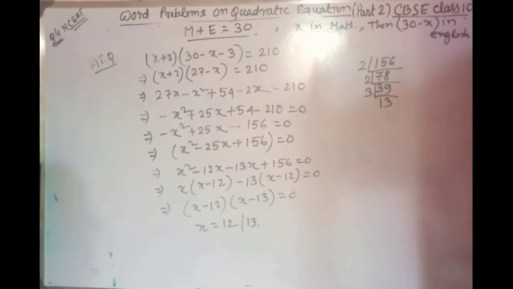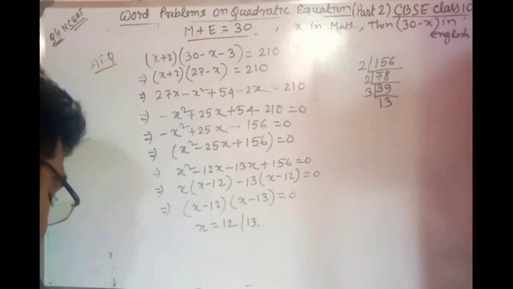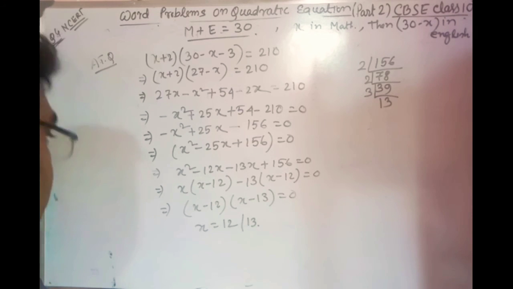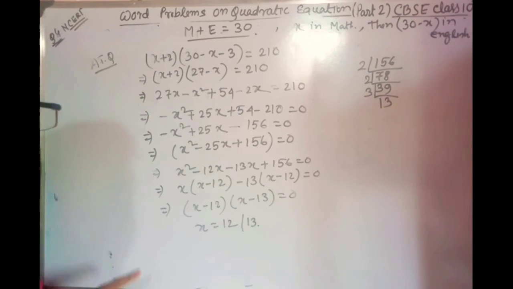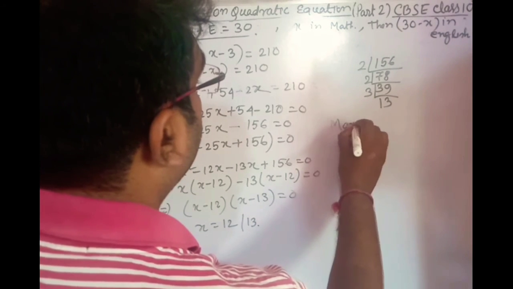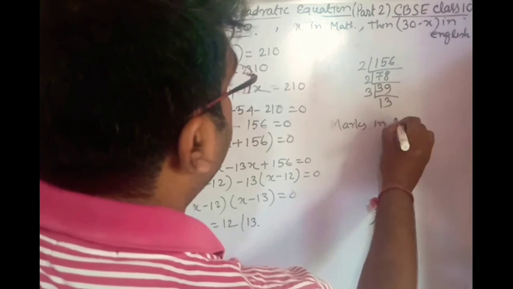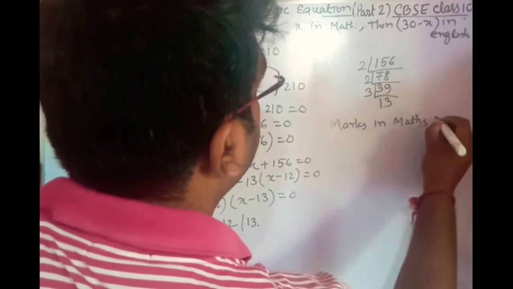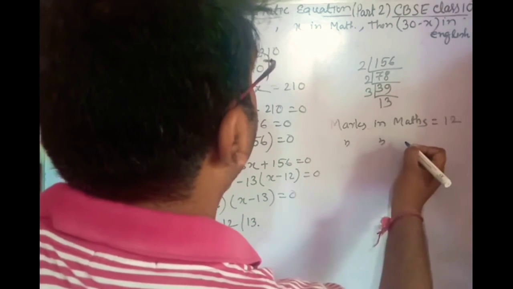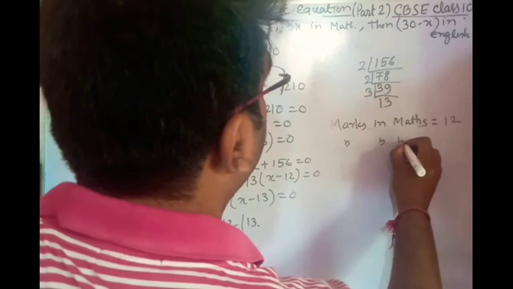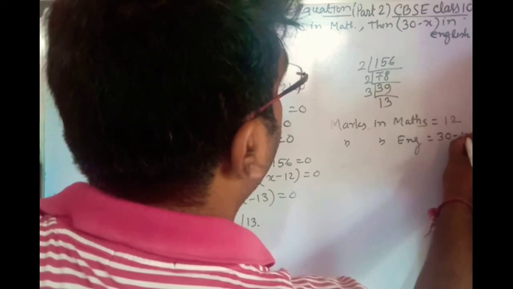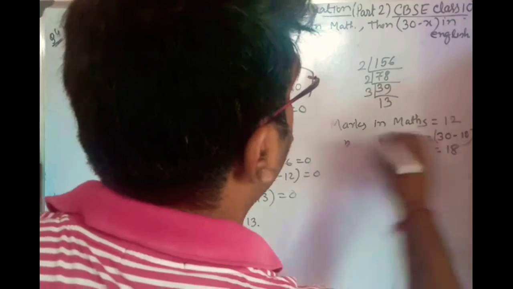Now we have to find the marks in the two subjects. Marks in maths equals 12, marks in English equals 30 minus 12, that is 18.